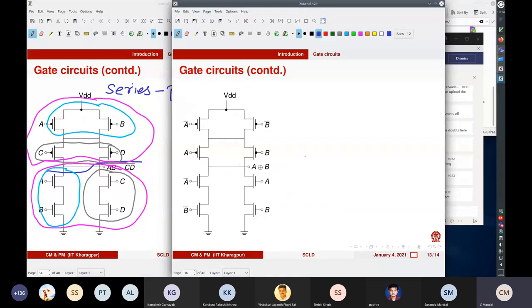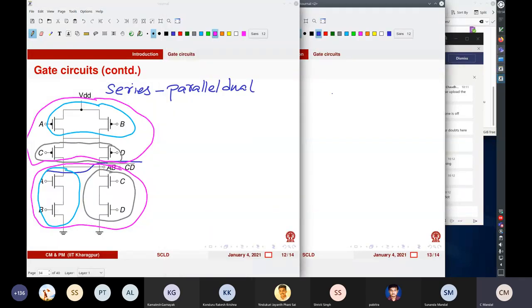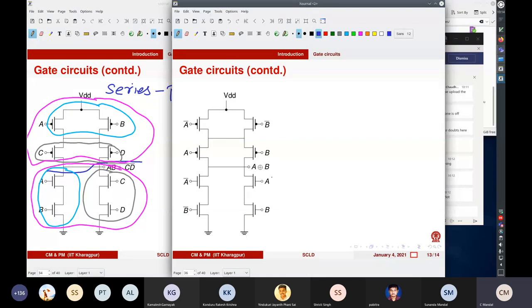So XOR, you can say, is the complement of XNOR. Okay, so you can say that this is equivalent to the complementation of XNOR.